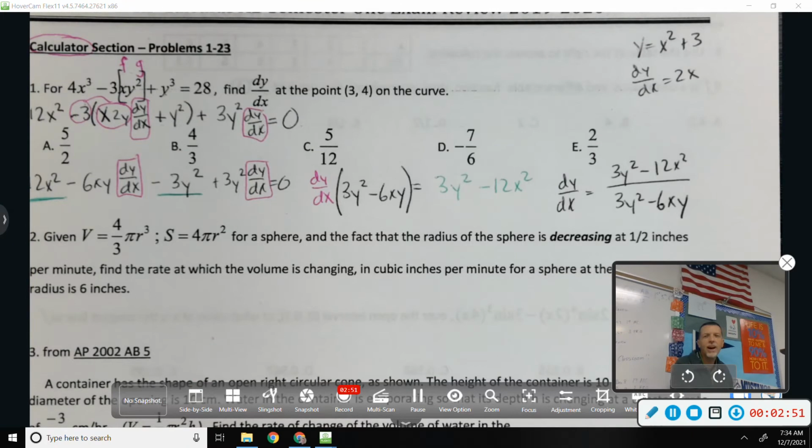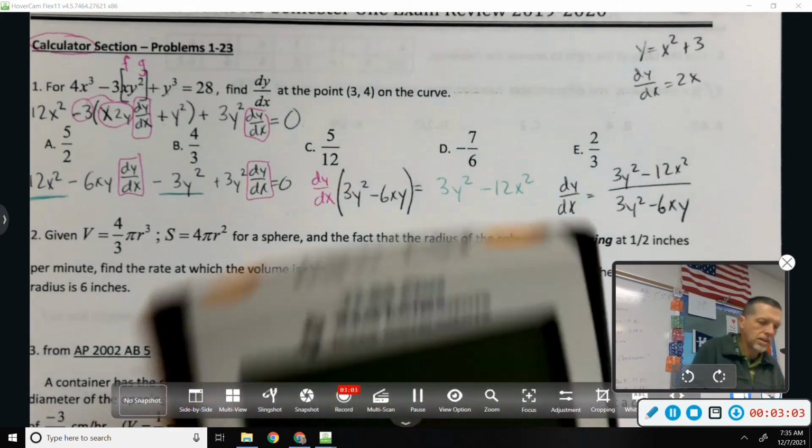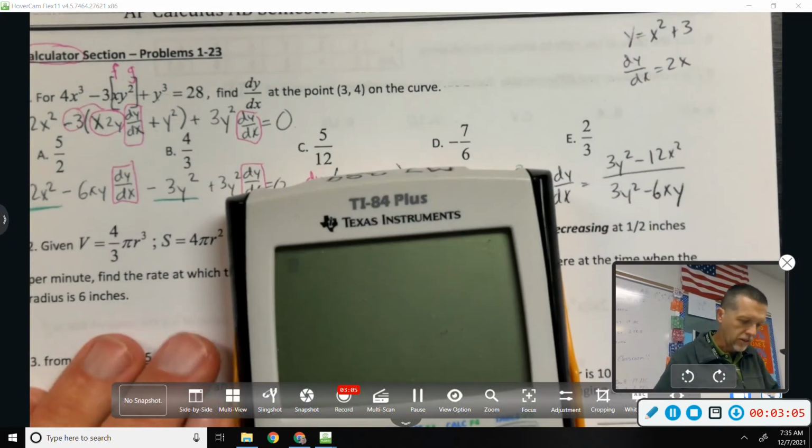And, well, I have a calculator, so I could just go ahead and right now plug in 3 and 4. I think when I worked this problem, I didn't have my calculator with me, so I divided everybody by 3 to make the math a little easier. But you got a calculator, so why not use it?